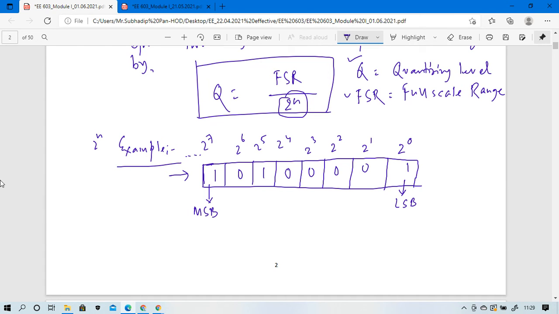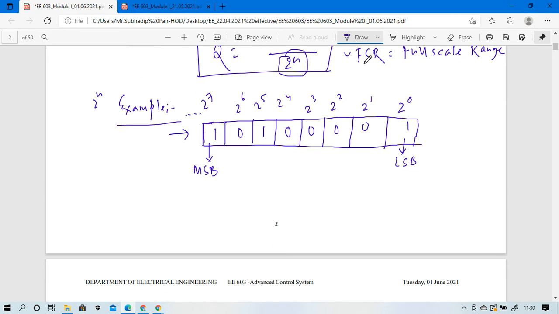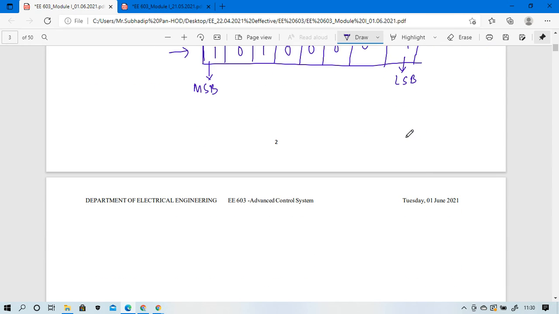So in that case, the quantization level Q is defined as the range between two adjacent decision points, and it is given by FSR divided by 2 to the power n, where FSR, as I told you, is the full scale range.